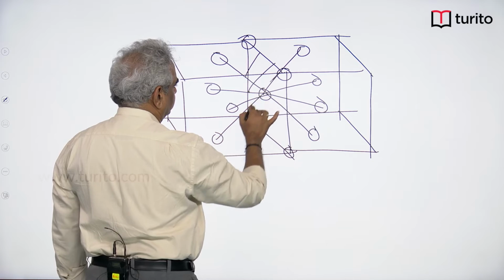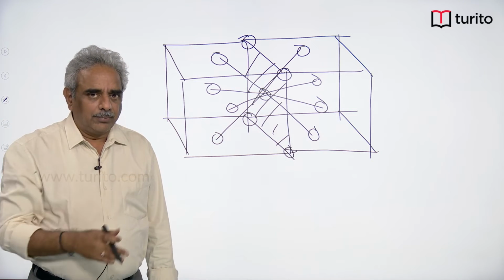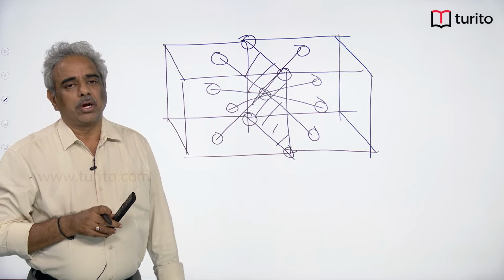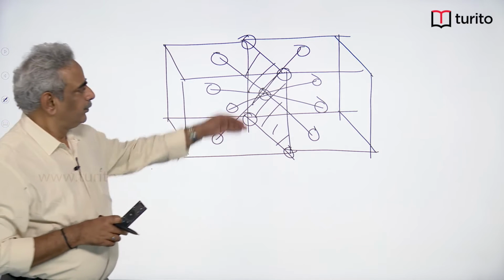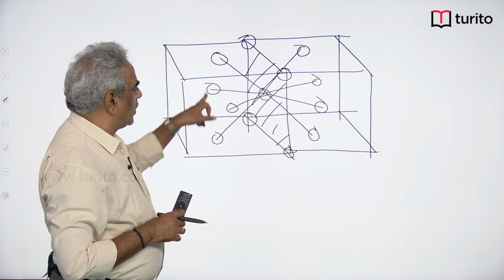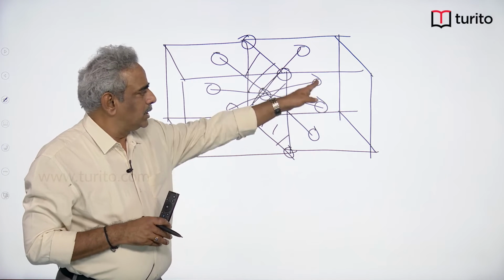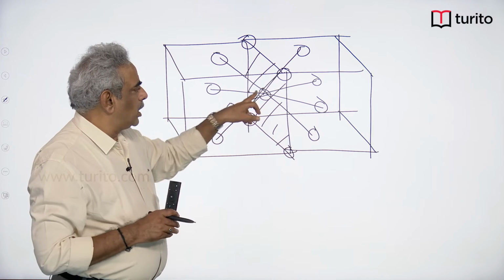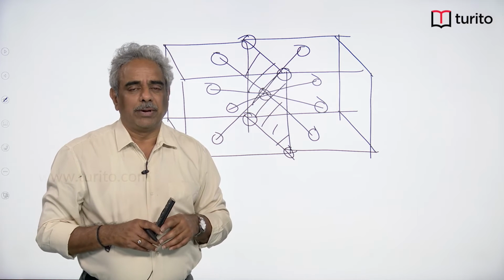Within that particular plane, on one face of the unit cell, the face center atom will be in contact with all corner atoms. So, this is in contact with 4 corner atoms within the face, 4 of the adjacent unit cell and 4 on the other adjacent unit cell in the face center atoms. So, overall this is in contact with 12 atoms. So, the coordination number is 12.